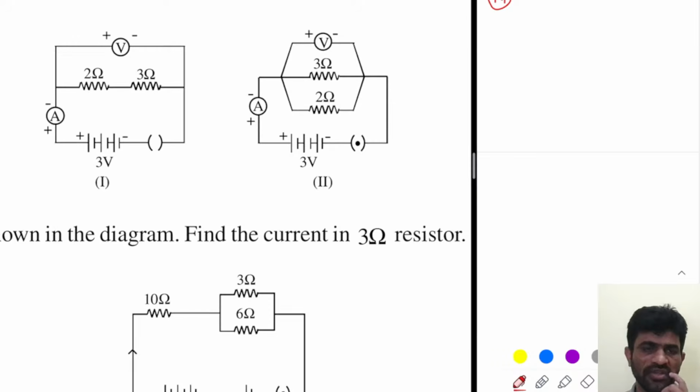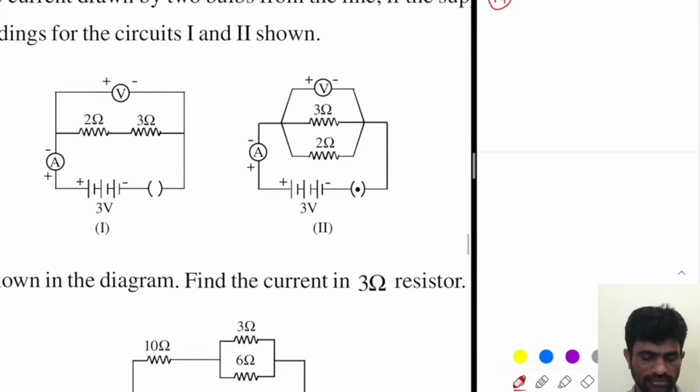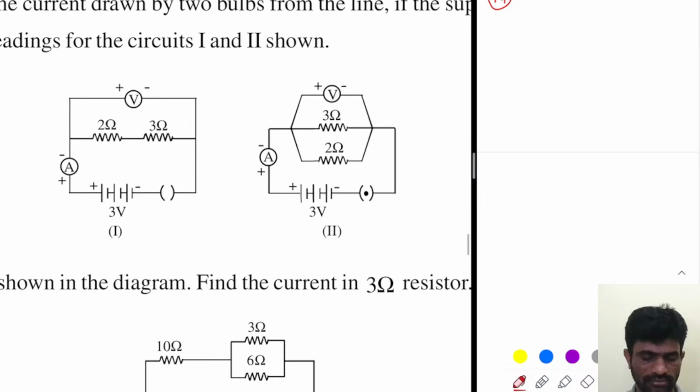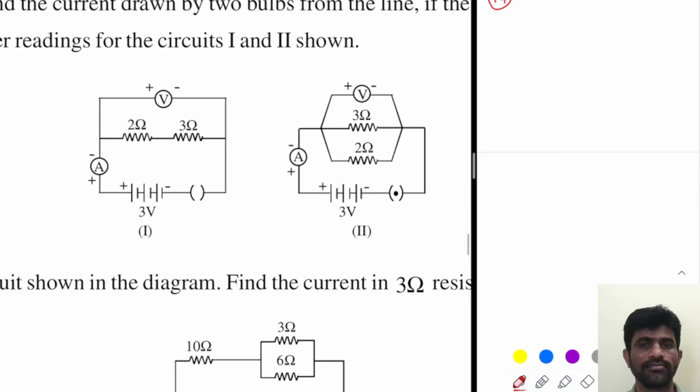Observe the pictures carefully. We have to find out the voltage across the total 3 ohms and 3 ohms. We have to find out voltmeter readings in both the cases. So in the first case, if you observe, the two resistors are connected in series.